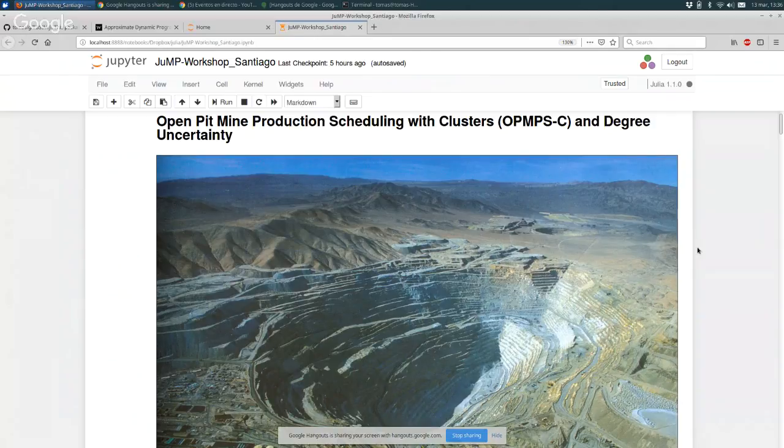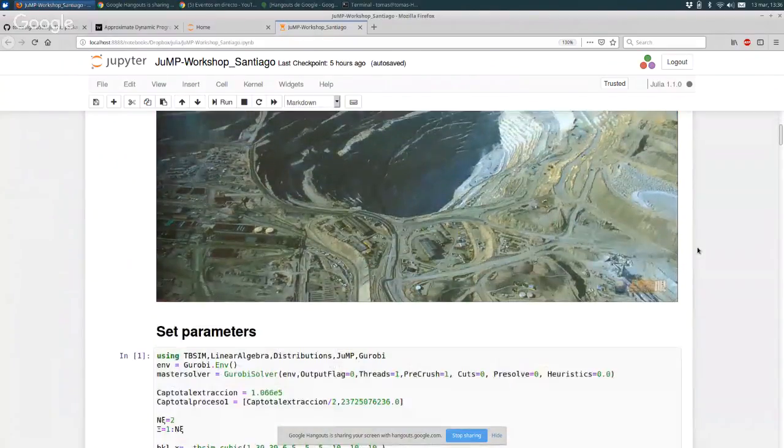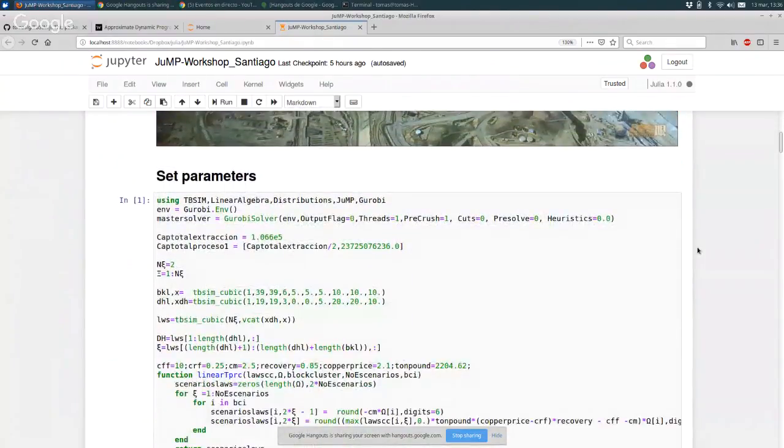So it's a very hard problem to solve. Here I'm going to sample using these functions that are made for this kind of mineral deposit. They can also be used for contaminations, like contaminations on the soil, for example. I'm going to sample some kind of mineral deposit, and then I'm going to extract it optimally.